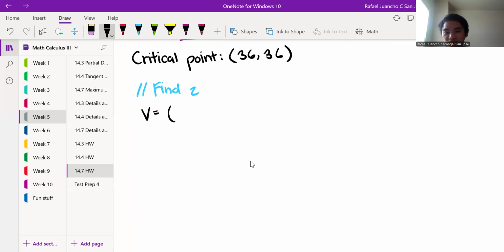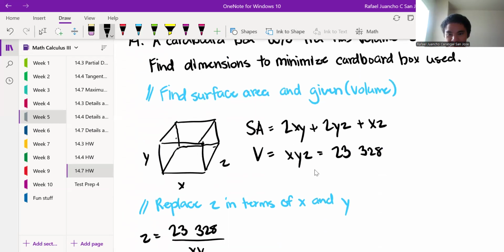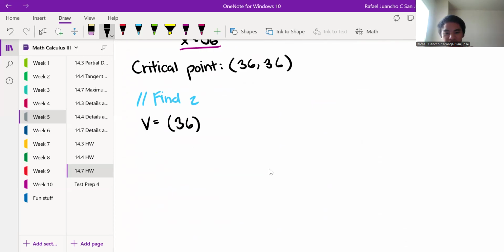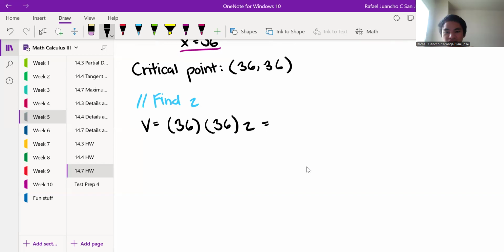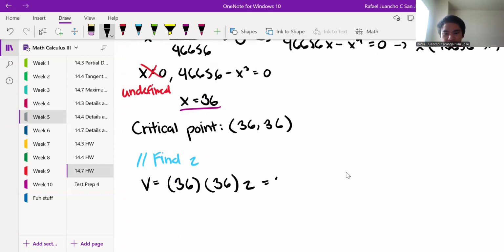So I get 36 for my x, 36 for my y. Z is 23328 over that, right? What would that give me?